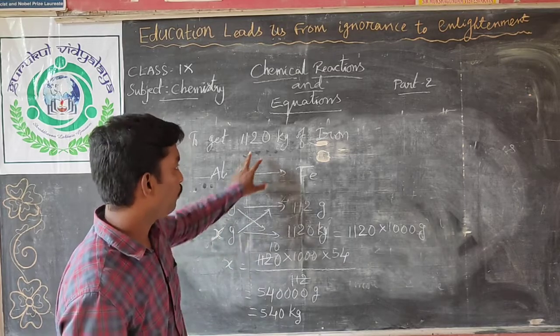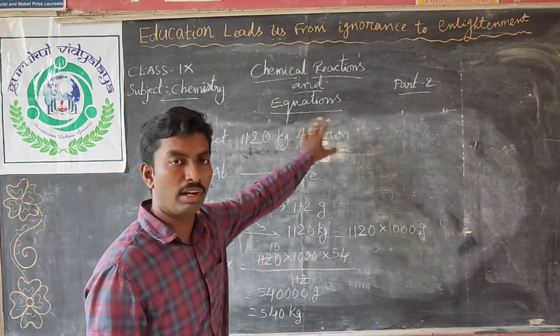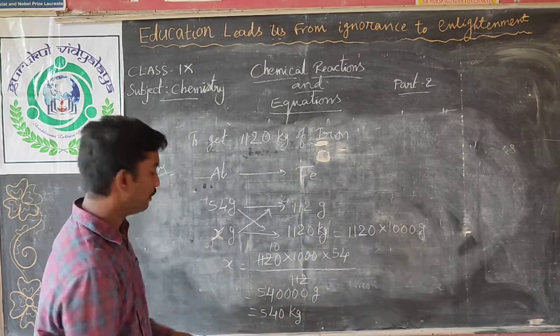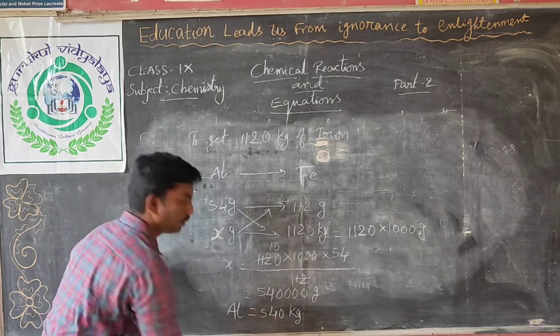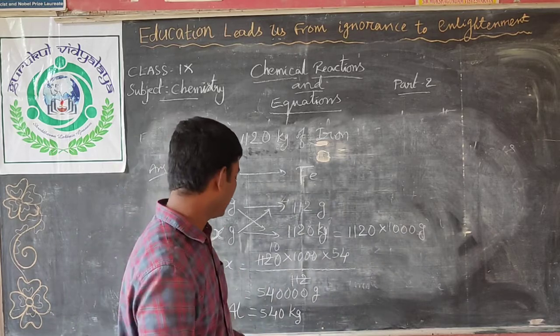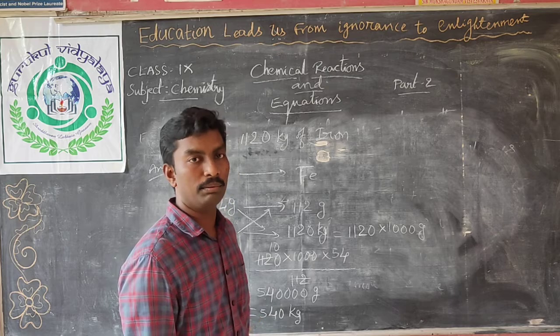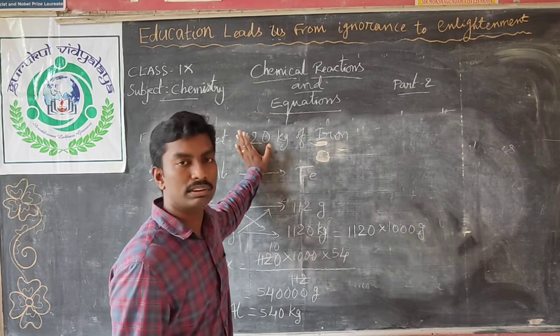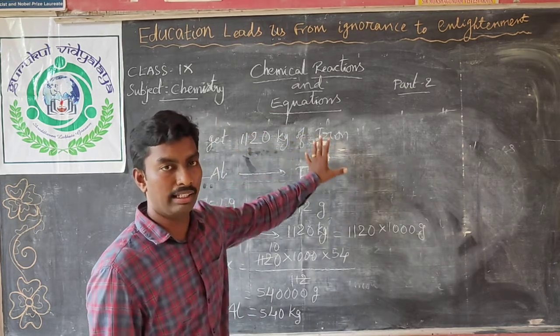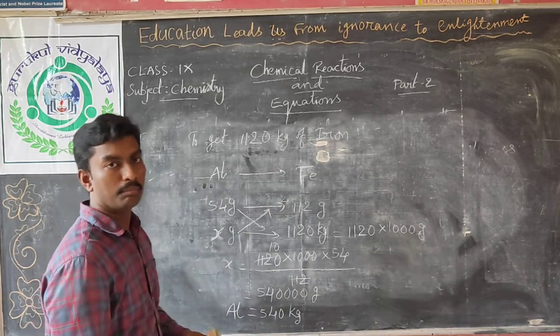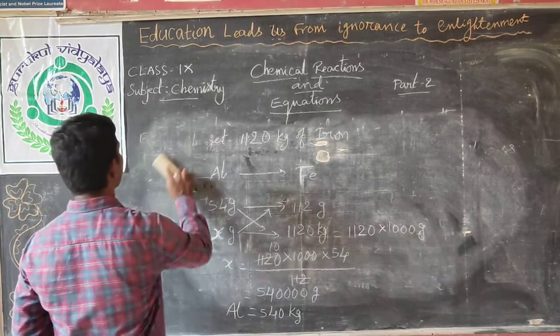To get 1120 kg of iron, 540 kg of aluminium is required. So in the industries, they will take 540 kg aluminium to prepare 1120 kg of iron. By this we can understand the balancing of a chemical equation.